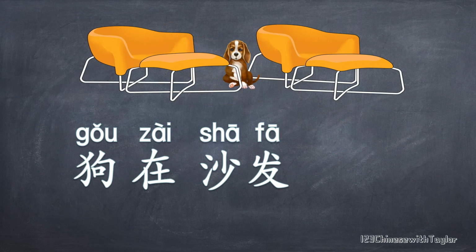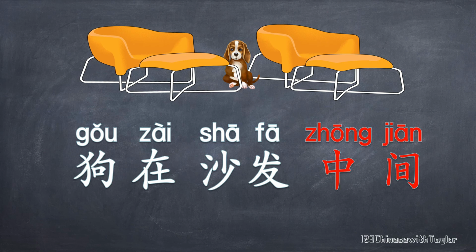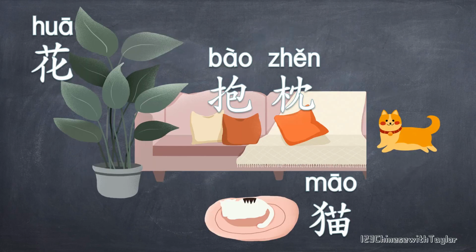Middle. Remember? It does not combine with either 面 or 边. It's 中间. We can say 狗在沙发中间. Very good. That's all for the sentences and words for today.